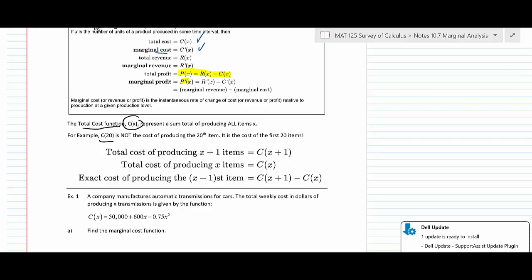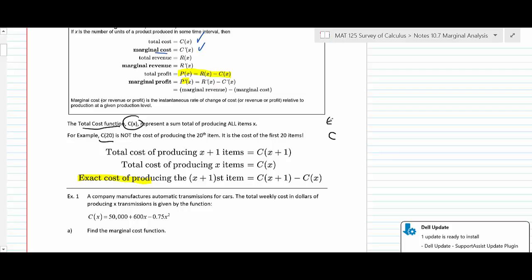So what we want to look at is this formula right here. If you want to find the exact cost of just one item, what you would do is take that item and subtract the previous one, like this. You can write this down if you want to as an example. This would be a good thing to write down.